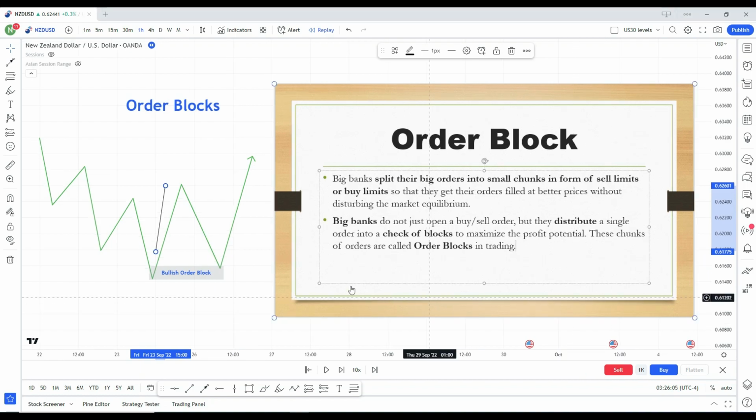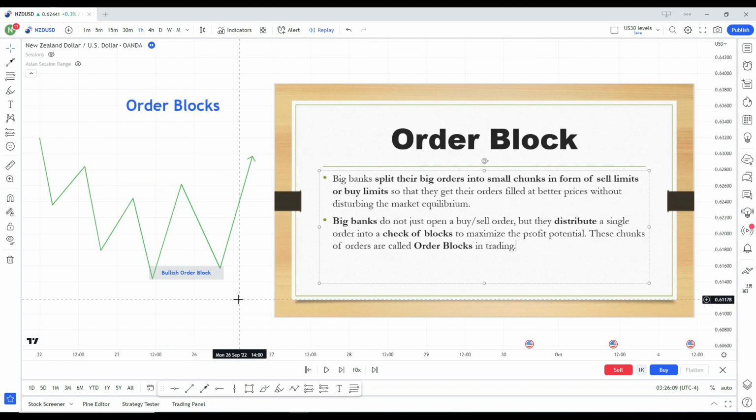So to identify a strong order block, there must be a change of character in the market direction. For example, in this case, the market is breaking structure to the downside.